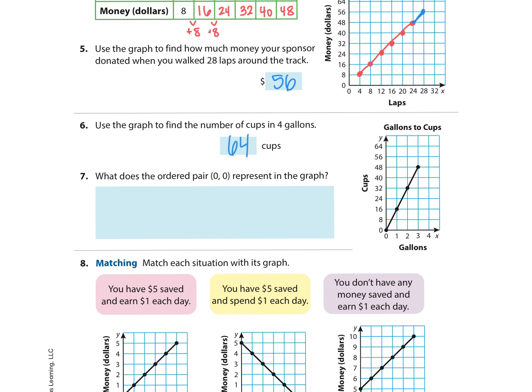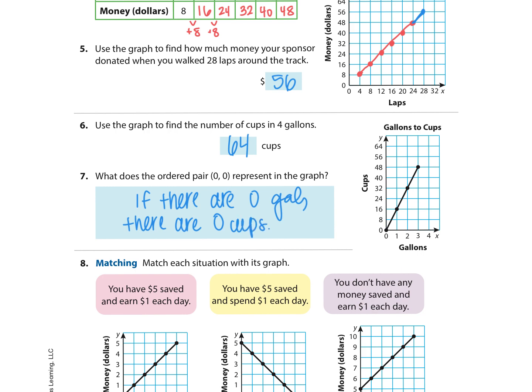So hopefully you ended up with 64 cups for number 6. Now, when it says, what does the ordered pair 0, 0 represent? You need to understand that we're comparing gallons and cups here. So if there are 0 gallons, that means that there are 0 cups.